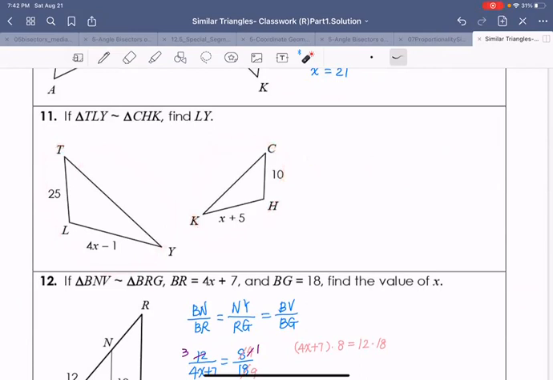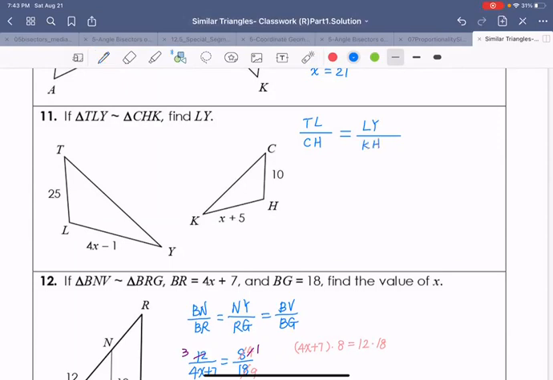Go ahead to this one, please. Write down the proportion first. TL over CH equals LY over HK. TL over CH equals LY over KH, correct?